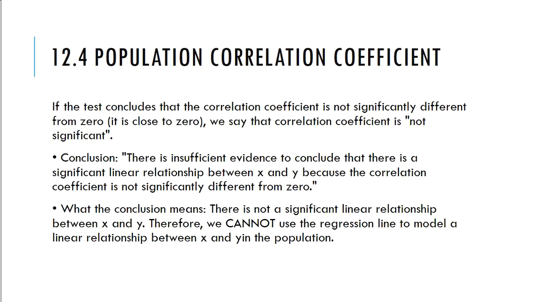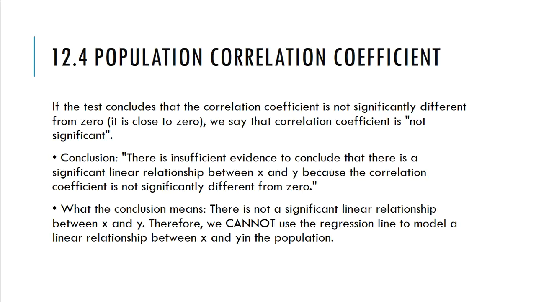So our conclusion is there is insufficient evidence to conclude that there is a significant linear relationship between X and Y because the correlation coefficient is not significantly different from zero. What does that conclusion mean? There is not a significant linear relationship between X and Y. Therefore, we cannot use the regression line to model the linear relationship between X and Y in the population.